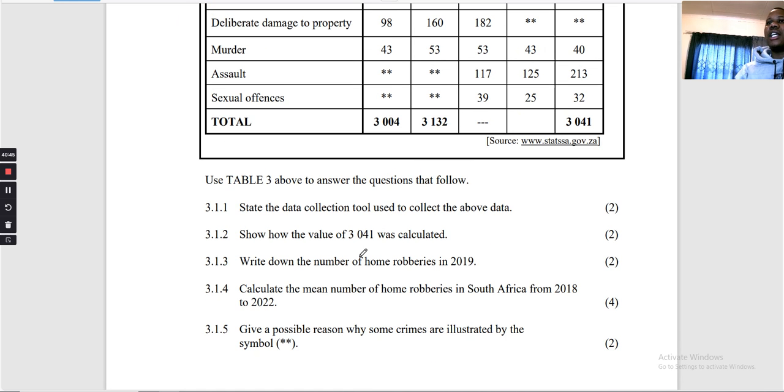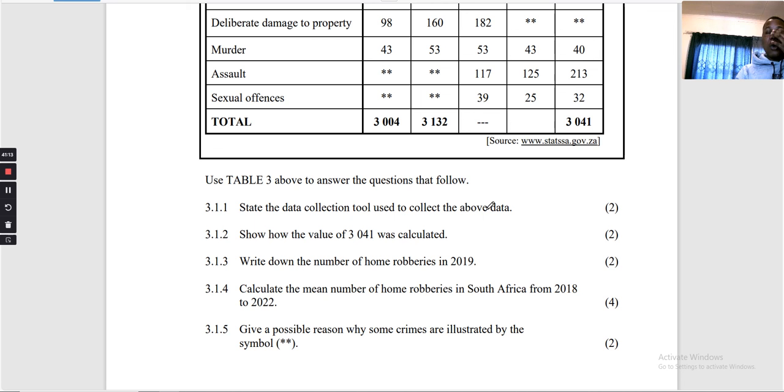Now they say use the table above to answer the questions that follow. State the data collection tool used to collect the above data. So now we need to know which tool was used to collect the data. Remember, in data handling, we have three methods or tools to collect data: interview, questionnaire or survey, and observation.